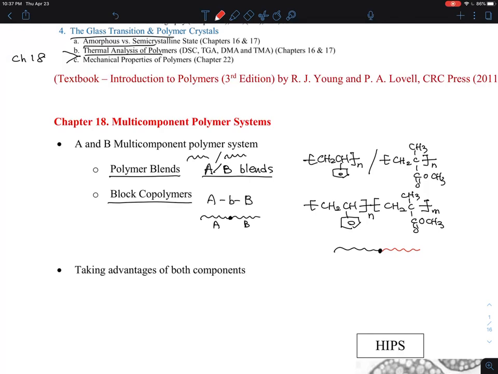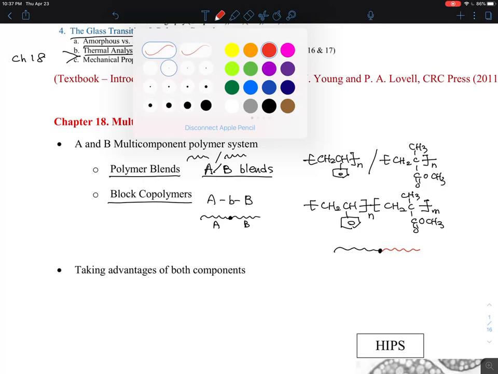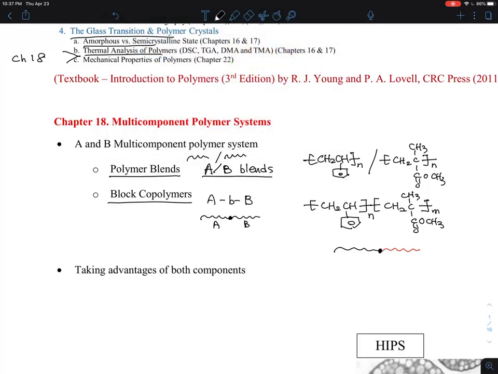And in this case, the polymer AB blend will have phase separation at a larger scale, typically very large, tens of microns. So when you have this polymer blend, polystyrene is transparent, PMMA, a plexiglass, is transparent, but you blend them together and you have this very turbid, phase-separated material.